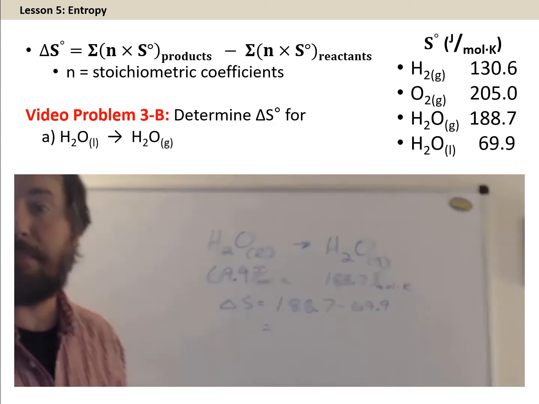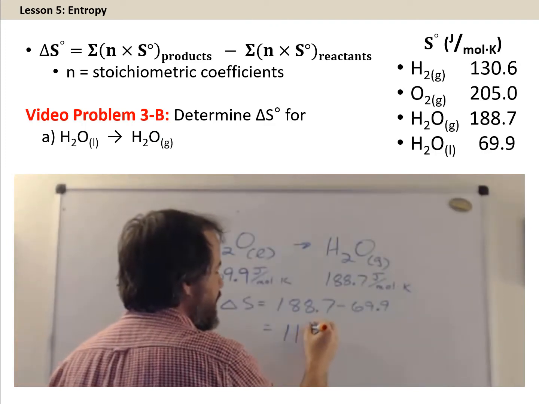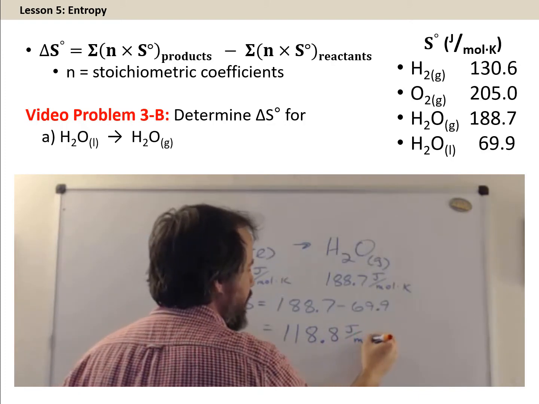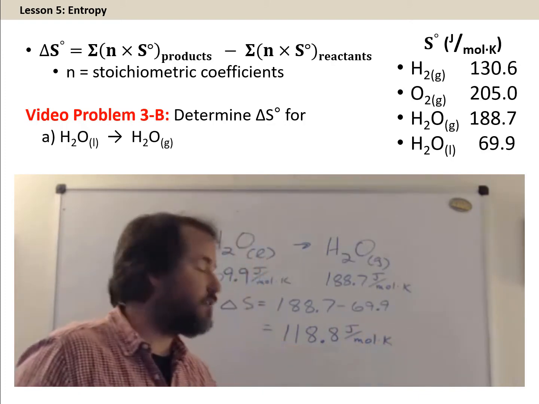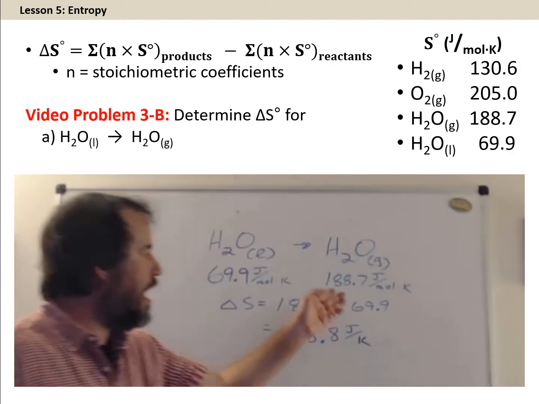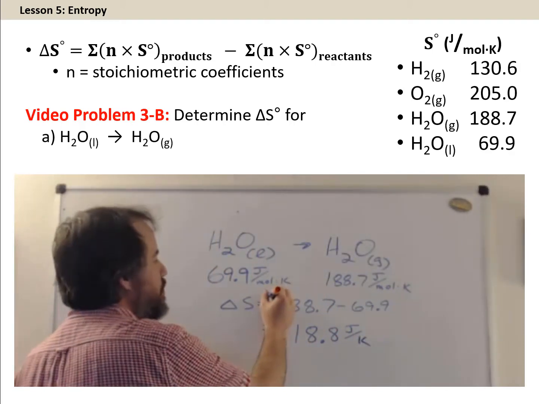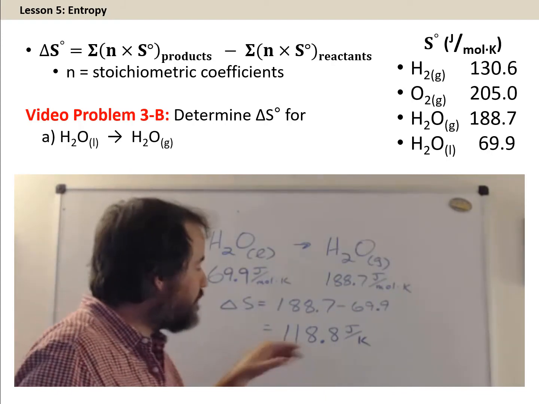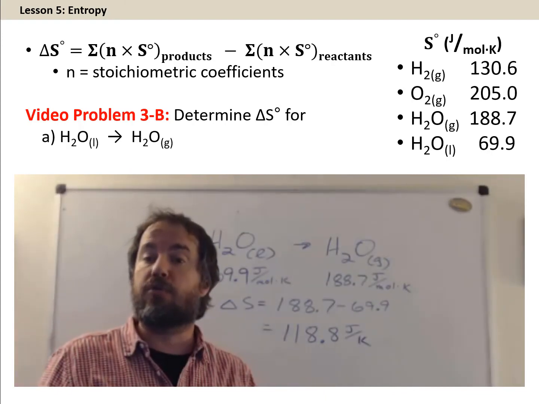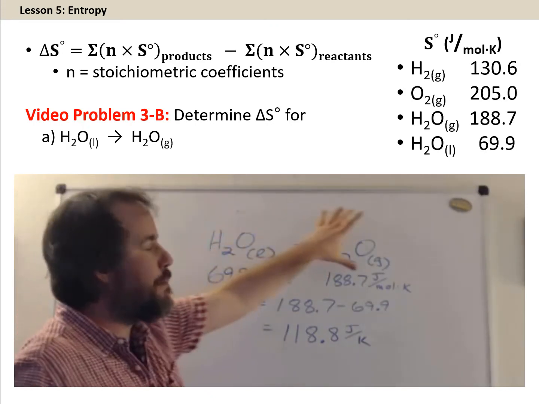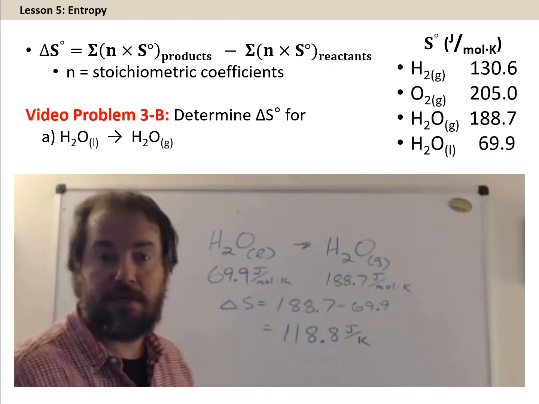That's going to get me positive 118.8 joules per mole K. Actually, the moles go away because I'm multiplying by 1 mole. So I have 118.8 joules per K. That makes sense because entropy is increasing. I'm getting more disorganized.